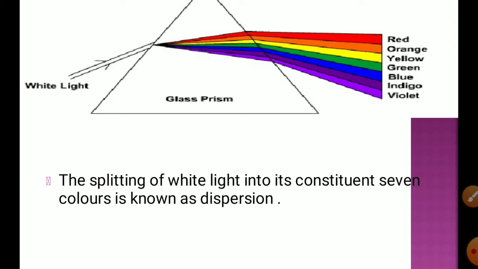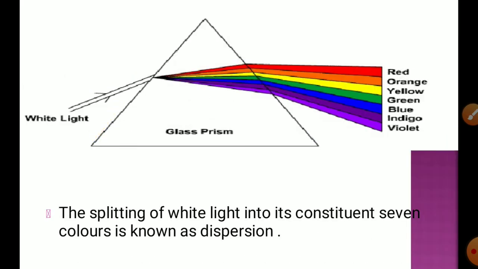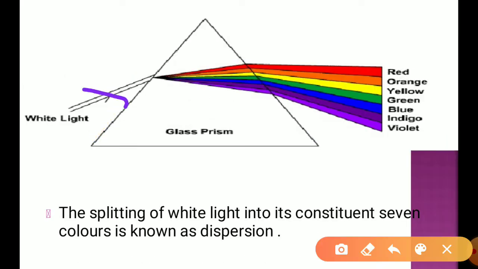You can see here in the diagram a white light is made incident, and when it enters the glass prism here, it splits into its seven constituent colors, which further get separated while refraction takes place at this face of the glass prism.